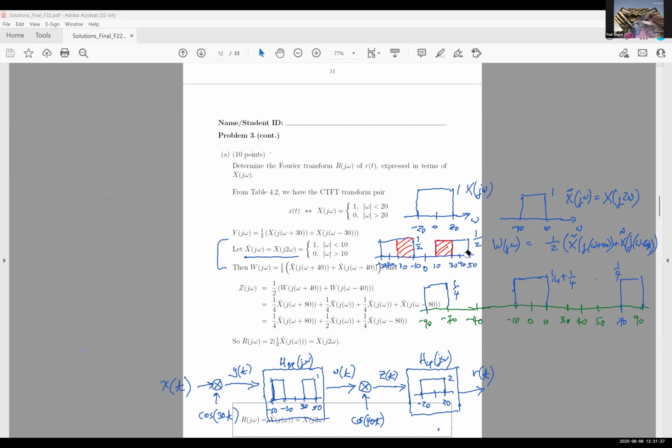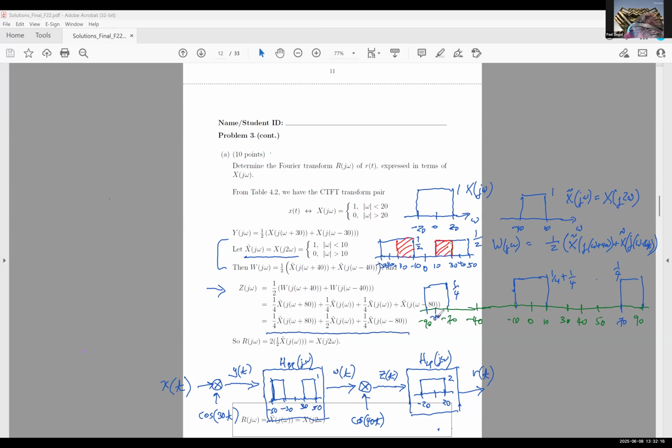And so now when I multiply that by the carrier, which is cosine of 40, then this part I think should be clear now. This is the z of j omega. It's going to be just 1/2 w of j omega plus 40 plus w of j omega minus 40. So it's going to be the thing we just computed. And if you look at what you get, 1/4 x tilde of j omega plus 80.